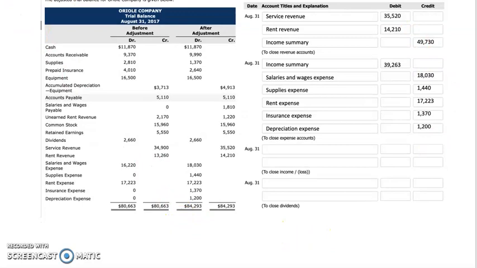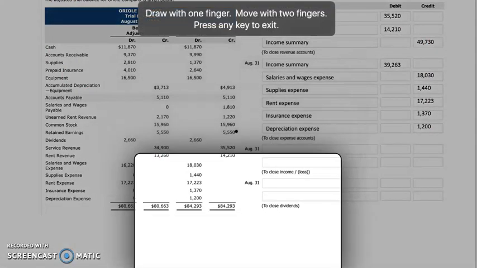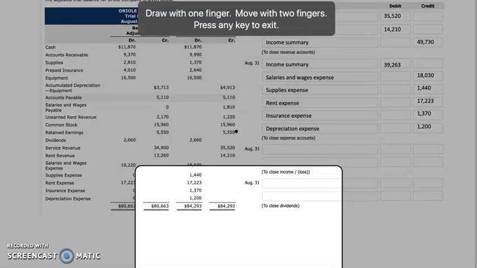We'll attempt to do this and see if it works. Okay, so let's move this down here. All right, so if we have a T balance, we're going to have debit, and then we're going to have credit. Oh my gosh, this is so awful.